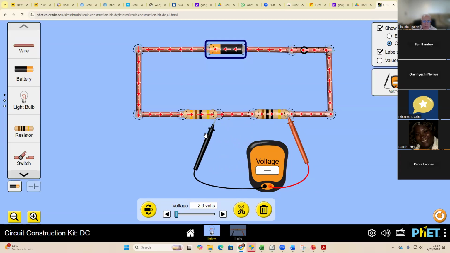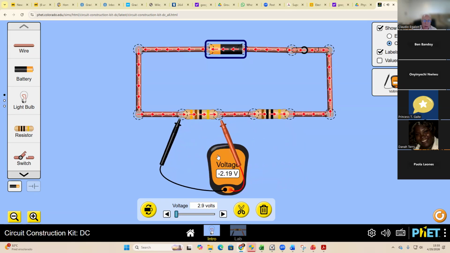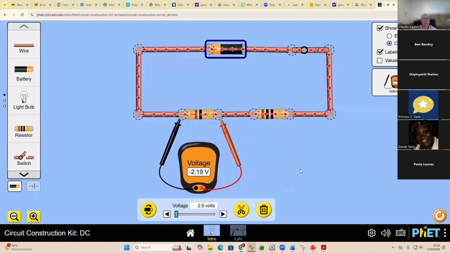To do V2, plug the voltmeter at the other two ends of the resistor.